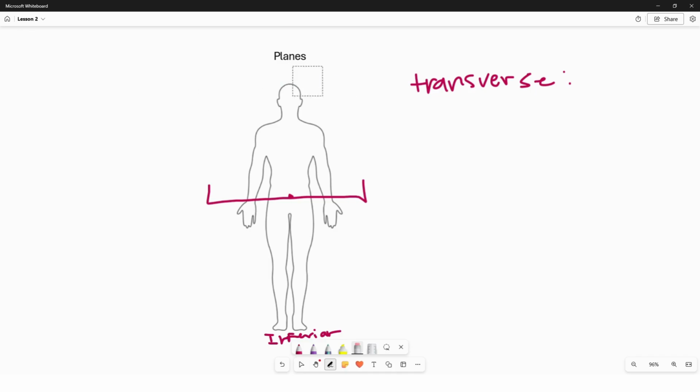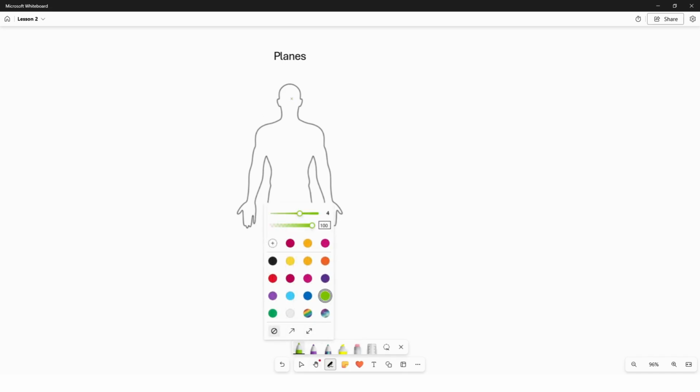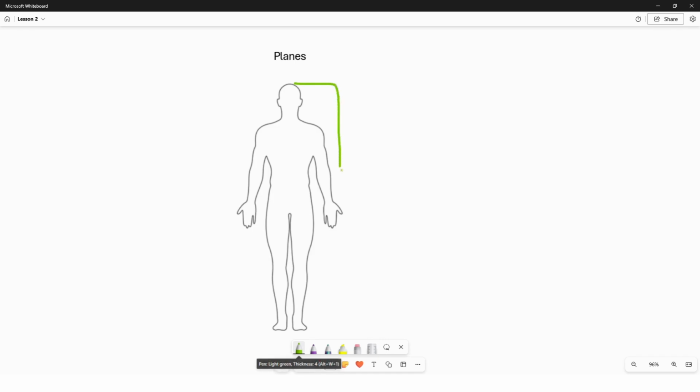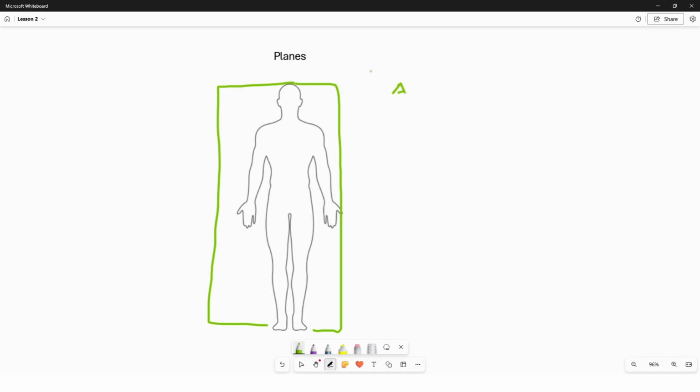All right, and then there's one more plane, and this is called the frontal or coronal plane. And the frontal or coronal plane divides the body into anterior and posterior areas. So let's write coronal / frontal.